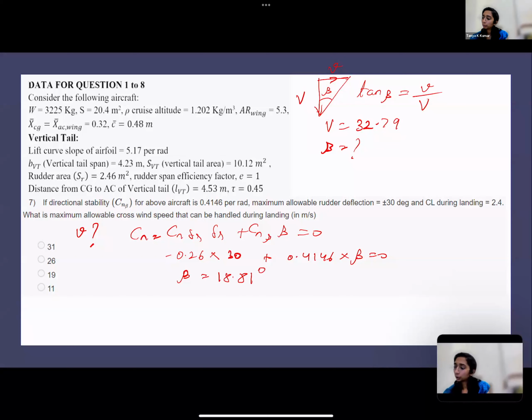So I substitute this beta here in this equation and find out small v. Small v is nothing but V tan beta. V is 32.79 into tan 18.81 degrees. How do you find this?